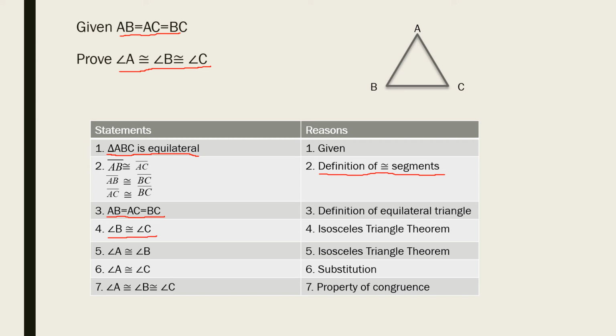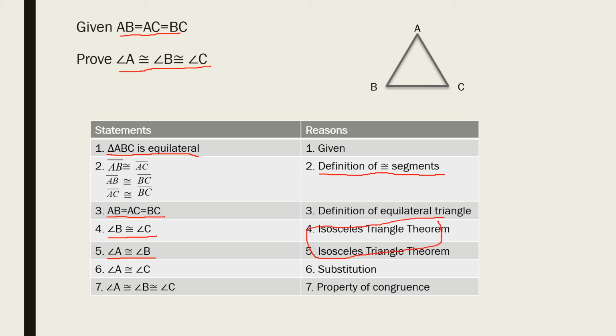It's also true that if side AB is congruent to side BC, then we know that angle A is congruent to angle B. Notice the letter of the angle is the vertex that's not an endpoint of the side, and the reason for this is the isosceles triangle theorem.